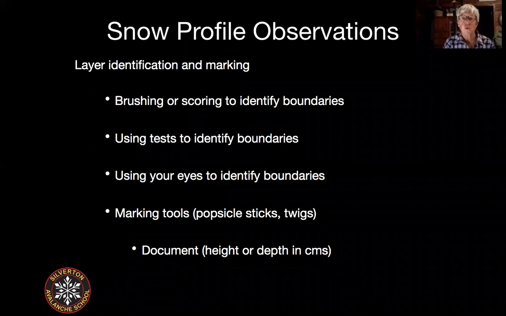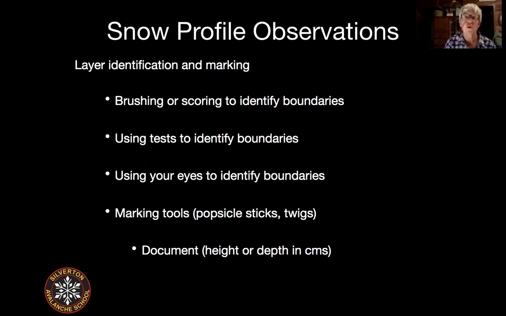So the snow profile observation: you'll start with the temperatures, and at the same time, as you're doing your temperatures, you can be doing your layer identification. Here are some suggestions about how to go about identifying those boundaries. Another hint is, maybe a month before the course, to begin to look at the snow profiles that are being posted online for the area that you're going to take your course.